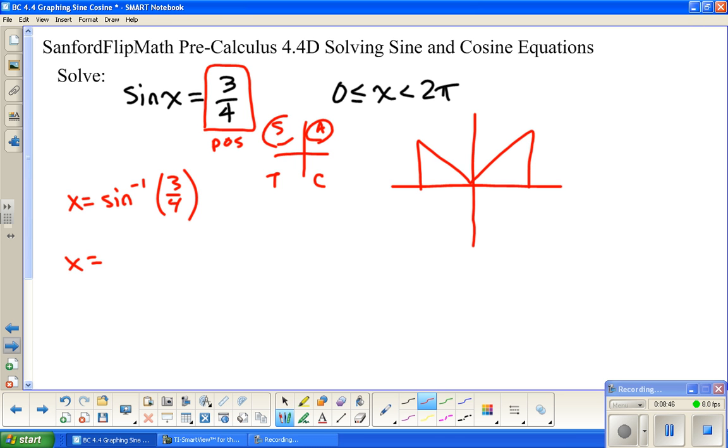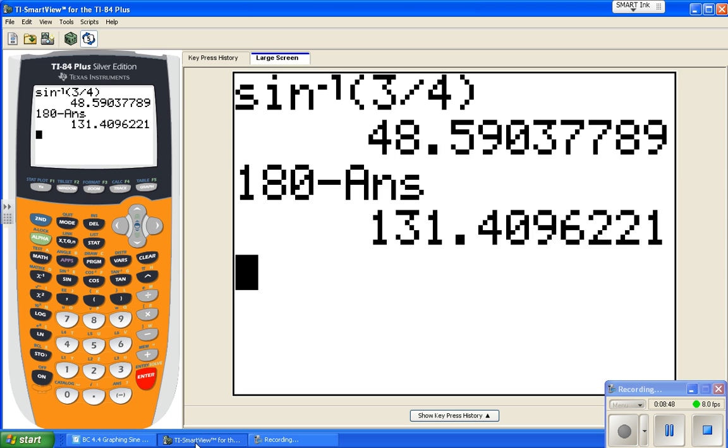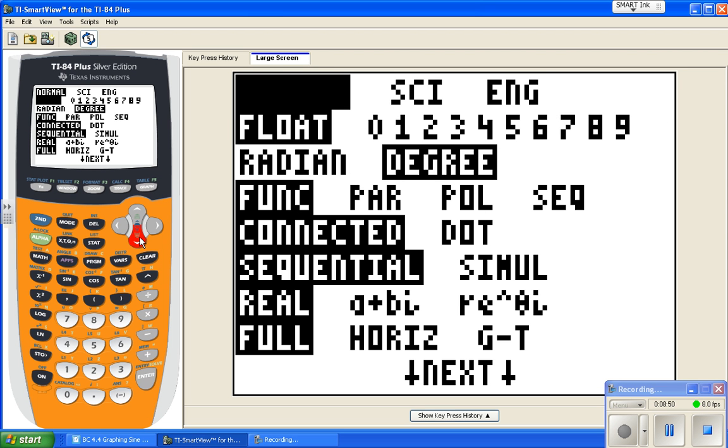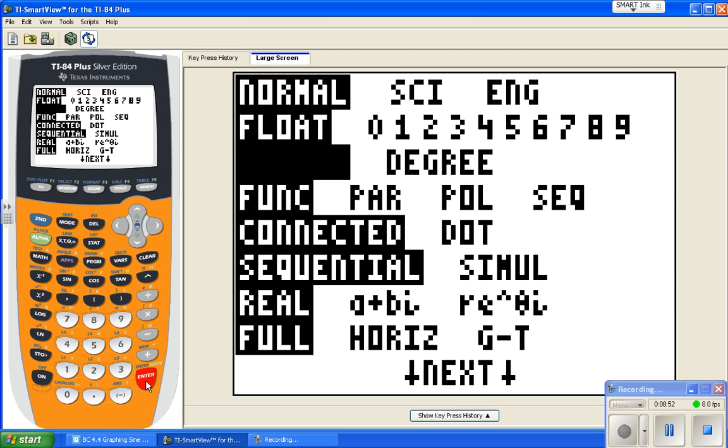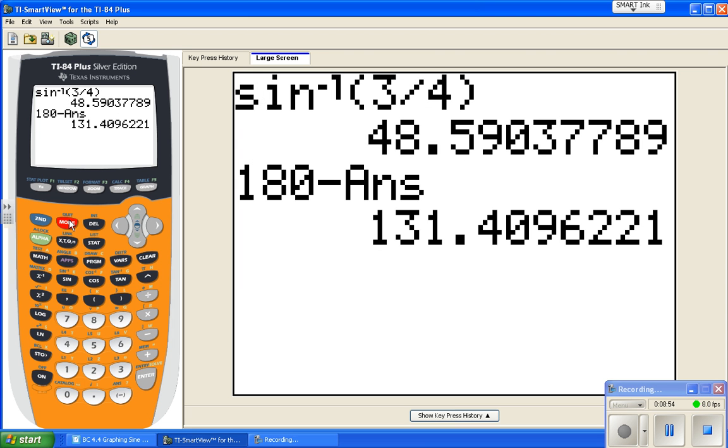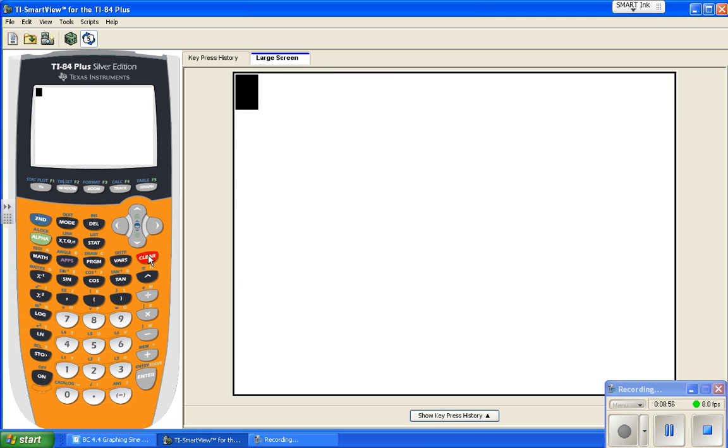I'm going to type this in again. The only catch is I'm going to do this in radians. Now I know some of you are asking a question already, but I'm not going to say it yet. I'm just going to roll with what I've got going here, and I'll answer that question just after I'm done with this problem.